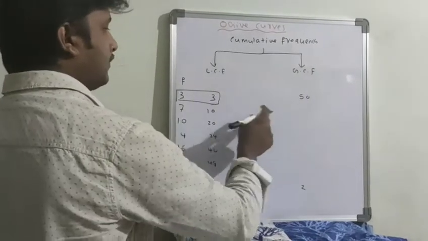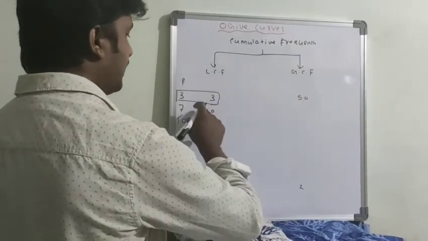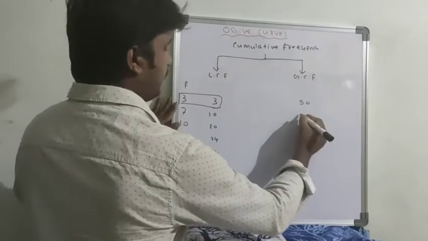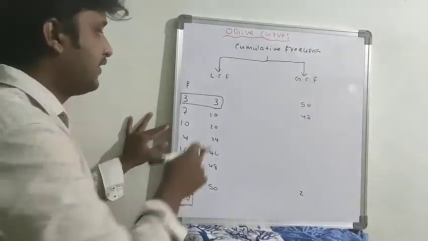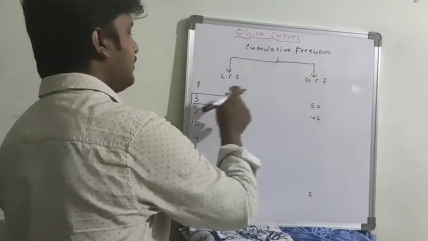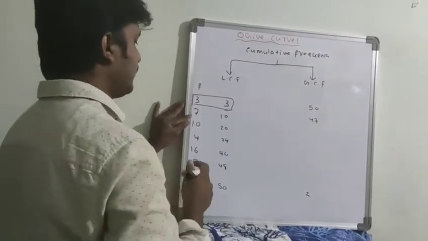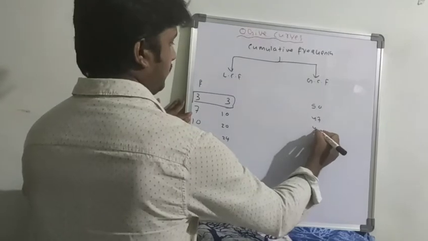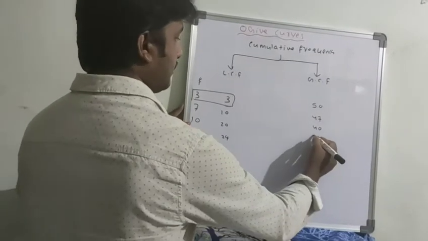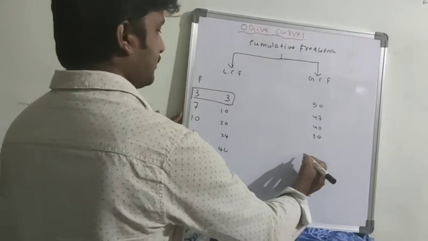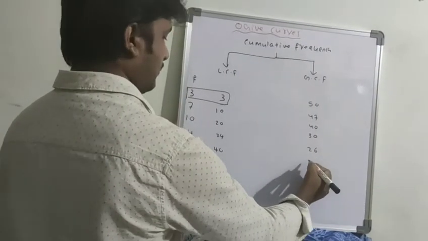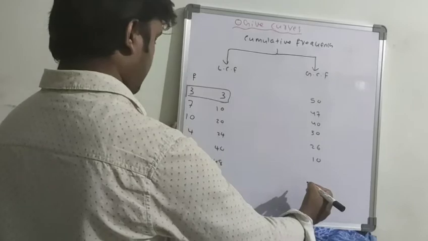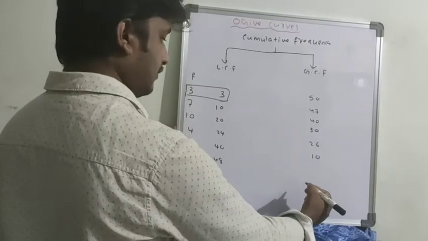So 50 minus 3, 47, and then you have to subtract: first observation 50, second observation 50 minus first frequency 3 is 47. 47 minus 7 is 40. 40 minus 10, 30. 30 minus 4, 26. 26 minus 16, 10. 10 minus 8.